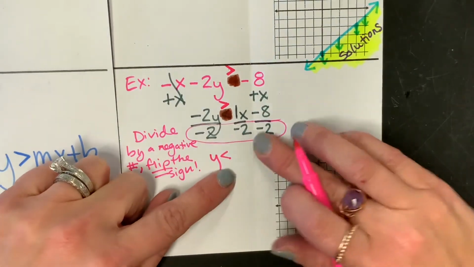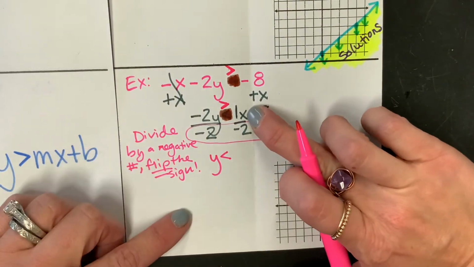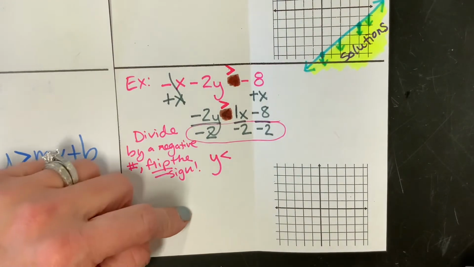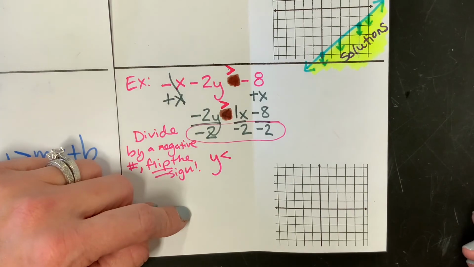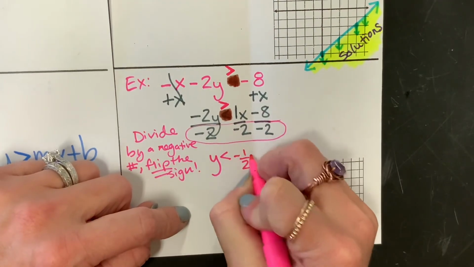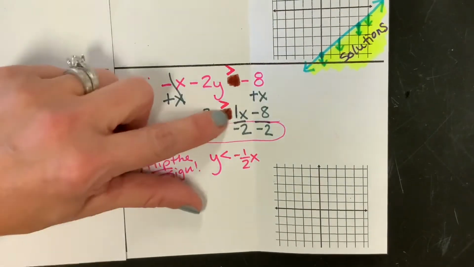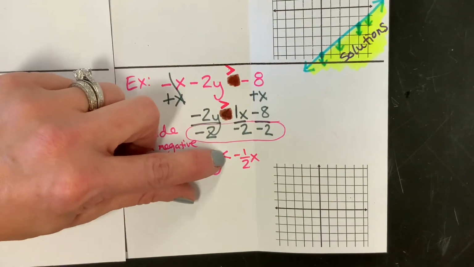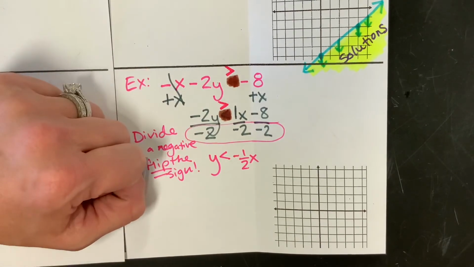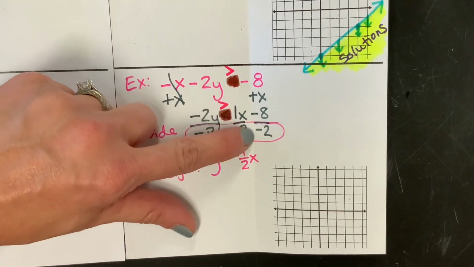What's the slope? 1, -2. So I'm going to say -1/2 x, because 1 divided by -2, usually we don't keep the negative in the denominator, so -1/2. And what's -8 divided by -2?